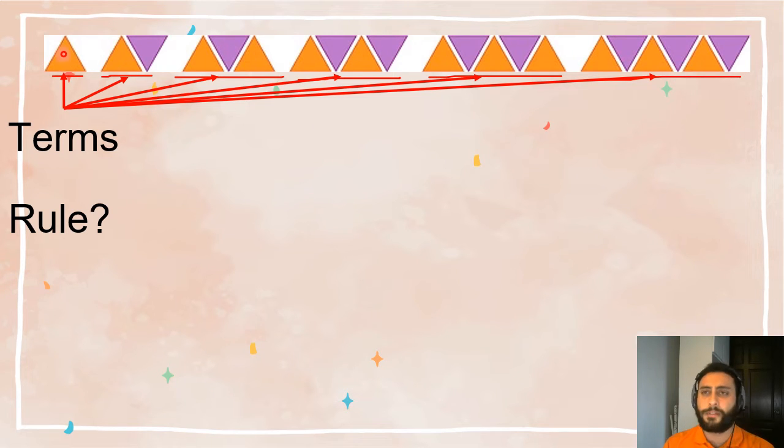So look at here. First we have a triangle. Next, we have an orange triangle. Let's talk about the color. We have orange. Next we have purple. Next we have orange. Next we have purple. You can see that it's orange and purple. Next one is going to be add orange and then add purple.